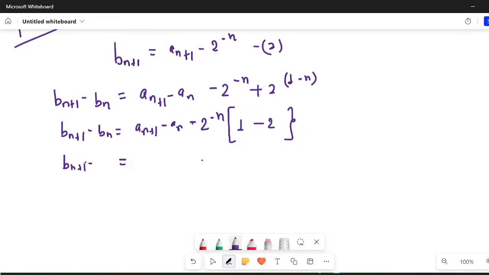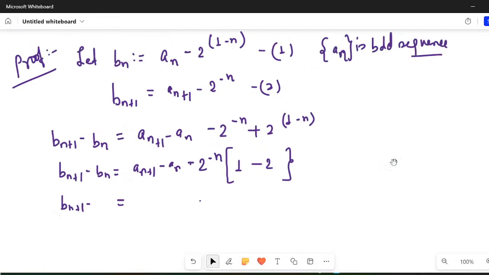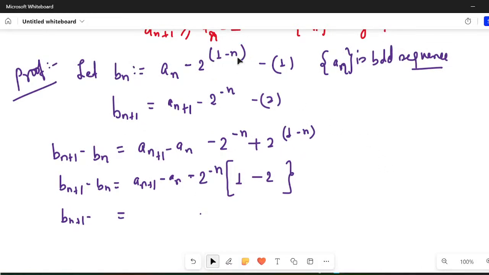And if I subtract it, I'm getting a(n+1) minus an, because this is fine. If I replace n by n plus 1 here, I will get this only. Fine, this is absolutely fine.